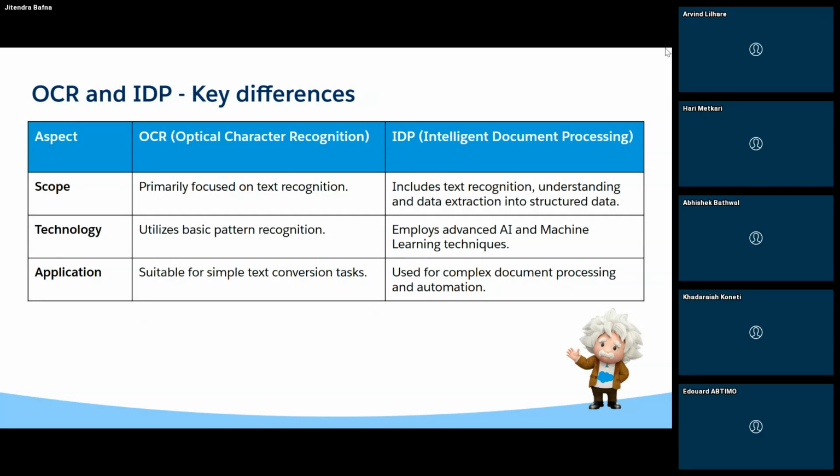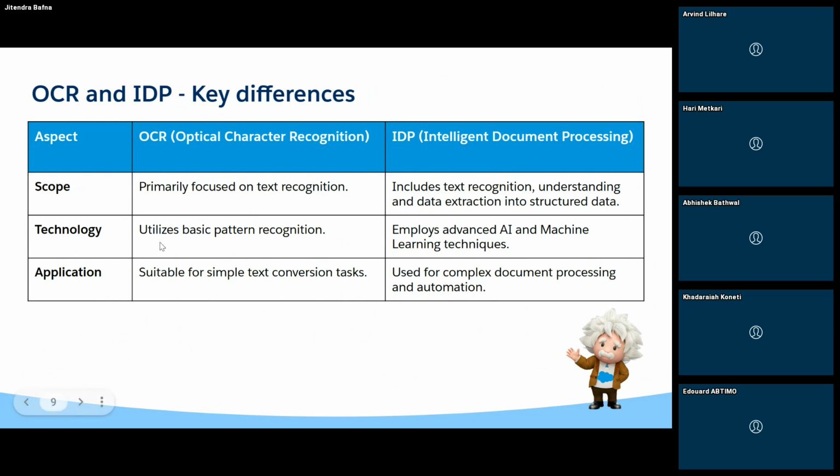So what's the difference between OCR and IDP? OCR primarily focuses on text recognition, whereas IDP uses the technology called OCR as well as AI/ML models. So it does the text recognition, and it also understands and extracts the data into a structured format, right?